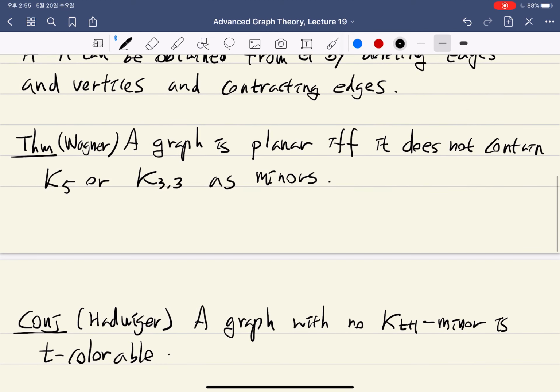And then we learned that a graph is planar if and only if it doesn't contain K5 or K3,3 as minors.